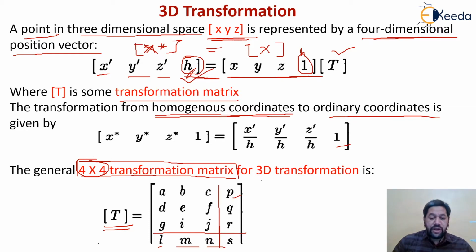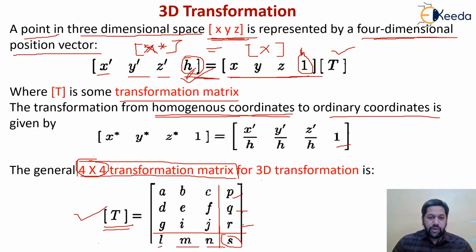Similarly, I have P, Q, R, and this one is S. So I have PQR and S, and this is my LMN.